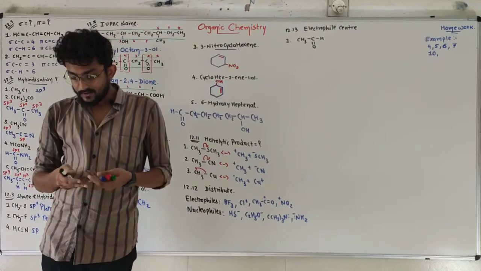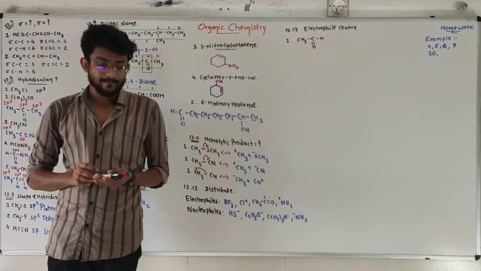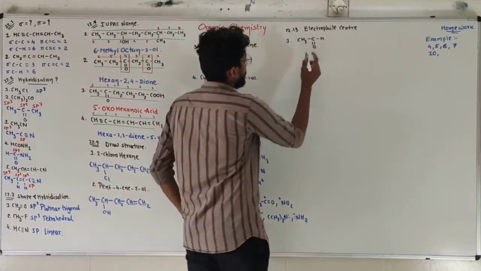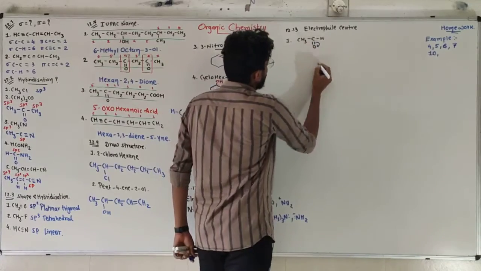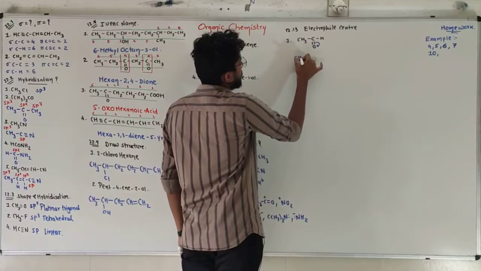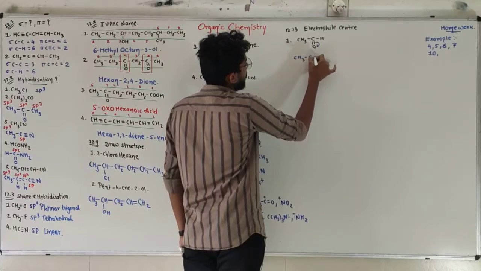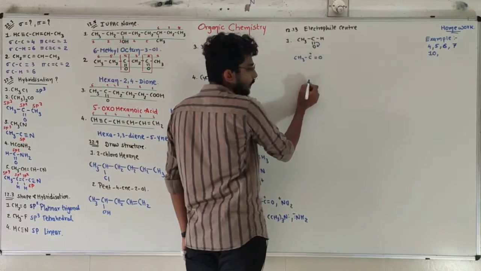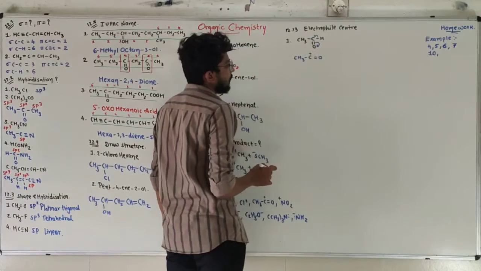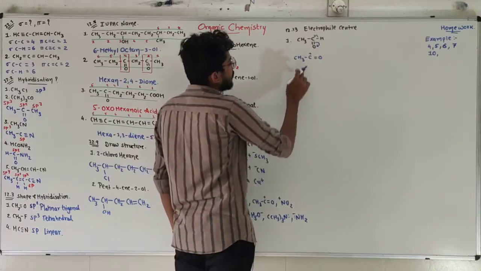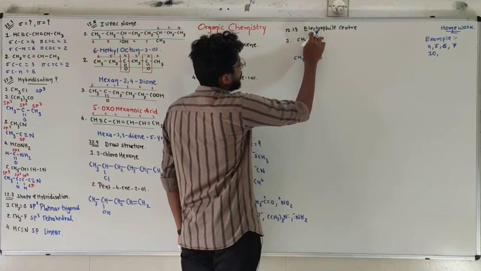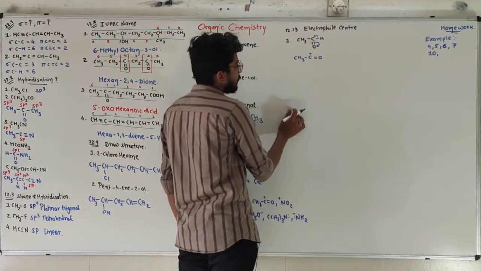Simply, if we break this bond, the electrons of the bond will be held by the oxygen. That's why CH3C double bond O plus forms, because it will lose the hydrogen, and because of that the carbon becomes plus. So the electrophile center will be the carbonyl carbon.